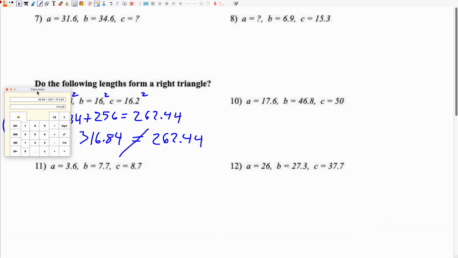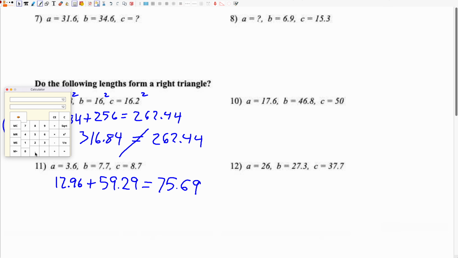And then number 11, so 3.6 squared, 12.96, plus 7.7 squared, 59.29, equals 8.7 squared, 75.69.